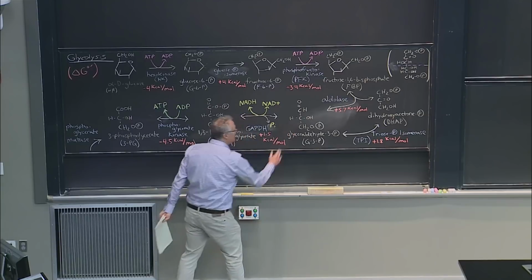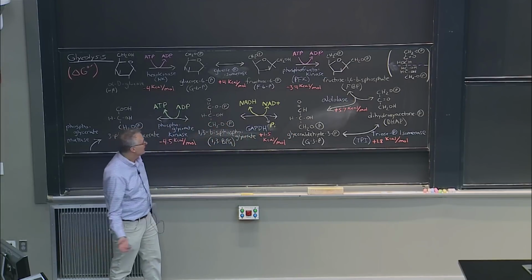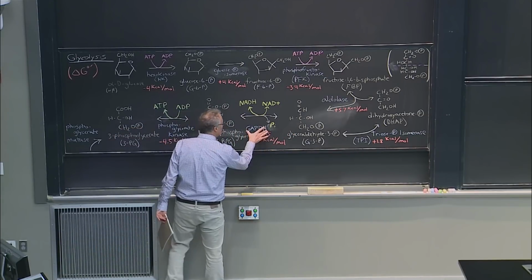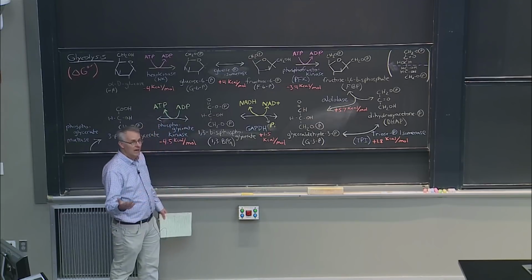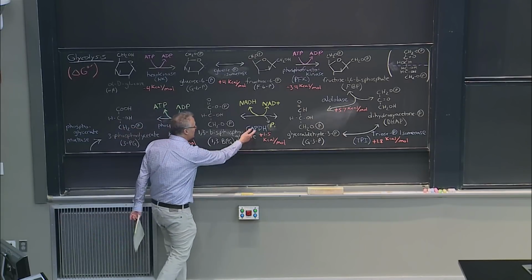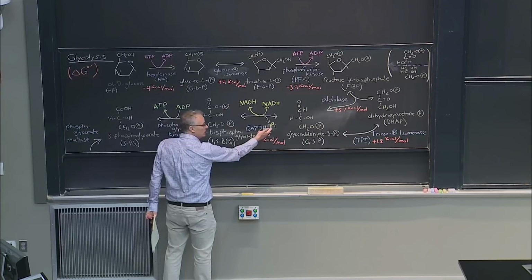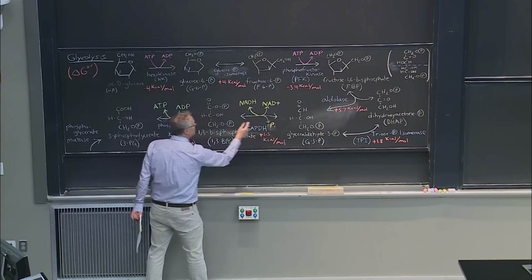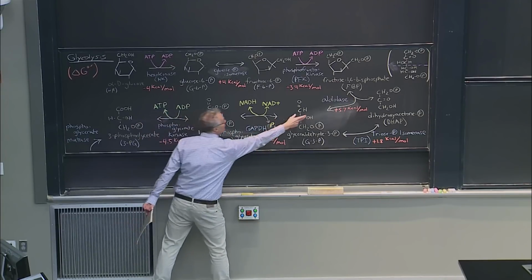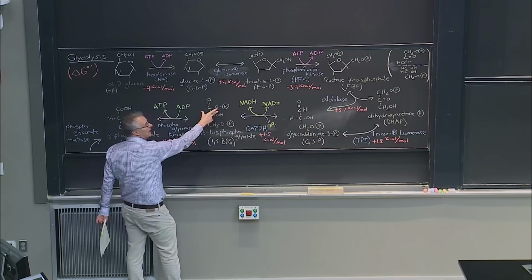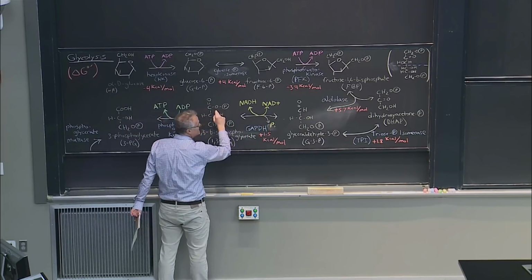That glyceraldehyde 3-phosphate, as we discussed last time, is the substrate for the GAPDH reaction, glyceraldehyde 3-phosphate dehydrogenase, which couples oxidation of this aldehyde to this acid with phosphate addition.